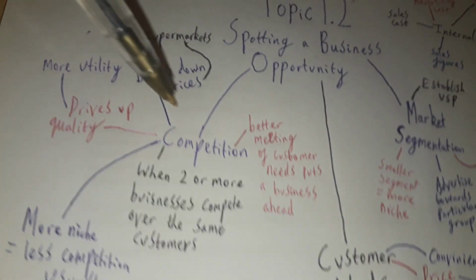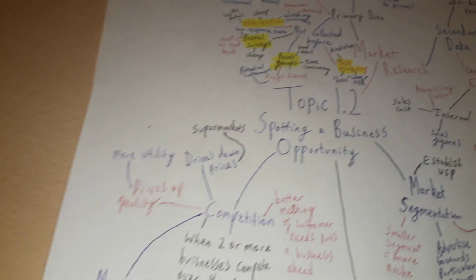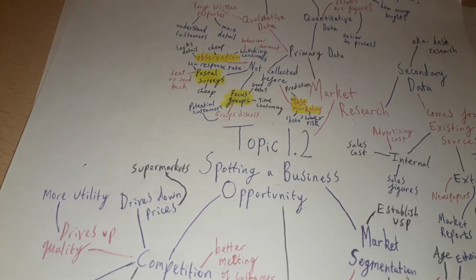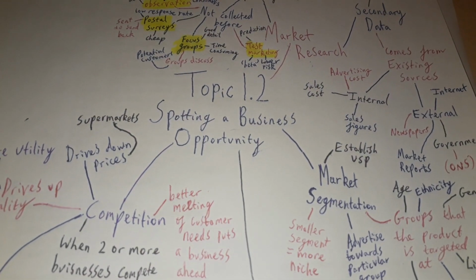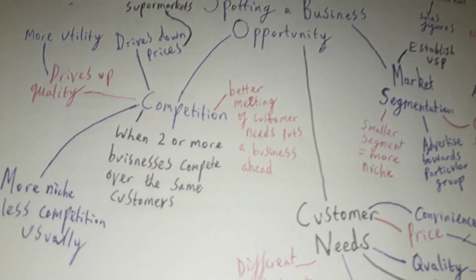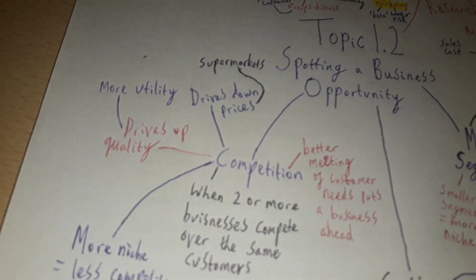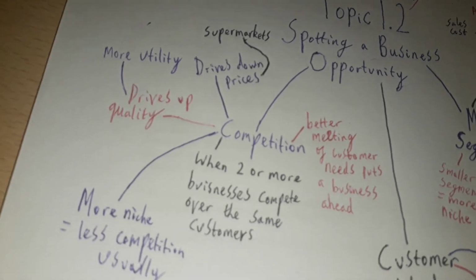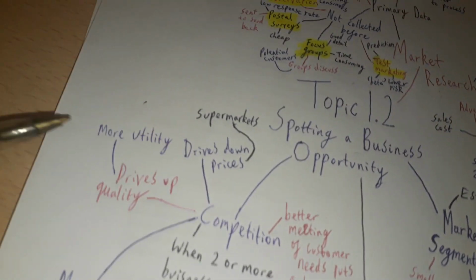Because of this, competition often drives down prices, and we can see this with supermarket sales. They're constantly doing sales, constantly saying, oh look, we're cheaper than Sainsbury's, we're cheaper than Asda. That's because they're trying to prove themselves to be cheaper than the competition. Also, of course, it drives up quality, because a lot of products try and compete on quality, and we can see this through things like smartphones, when they say they've got more utilities.